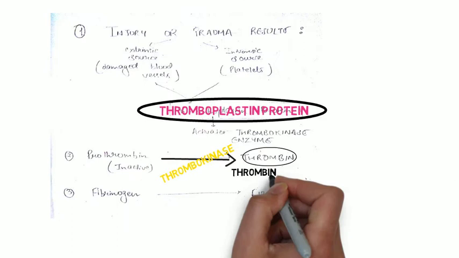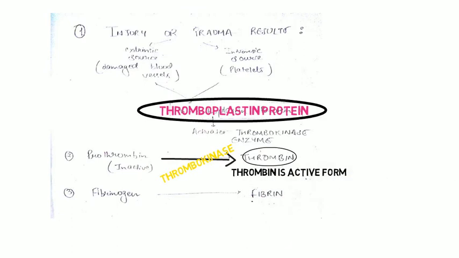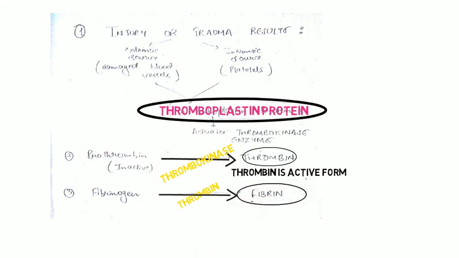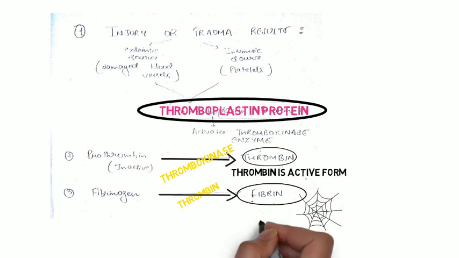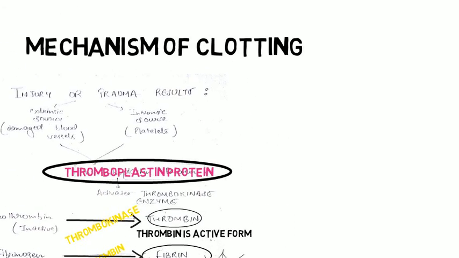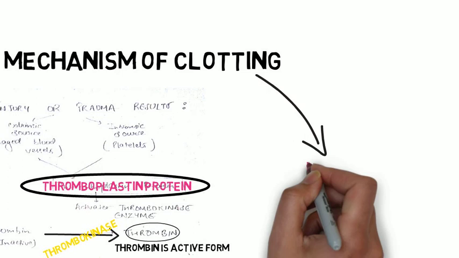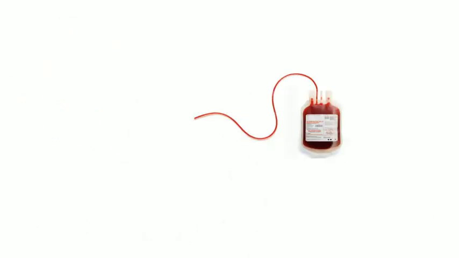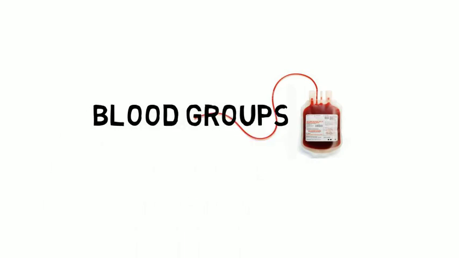Thrombin is the active form, and prothrombin is the inactive form. This thrombin further converts fibrinogen into fibrin. This fibrin is a thread-like, spider net-like network, which is insoluble and responsible for preventing excessive blood loss from the body. This clotting process involves calcium ions.